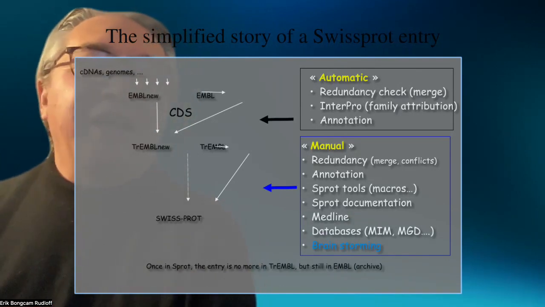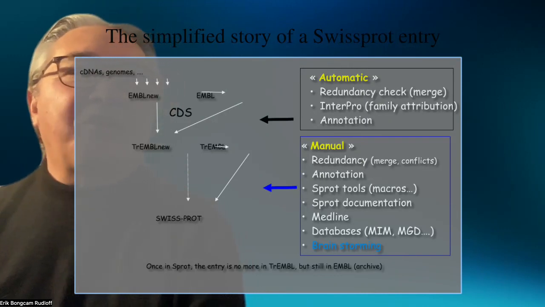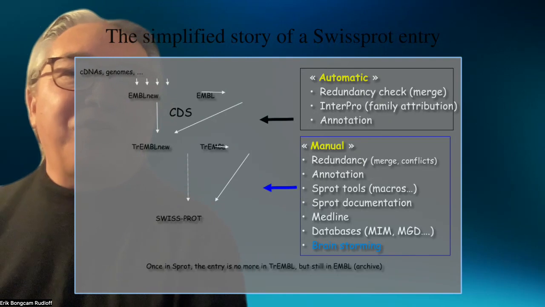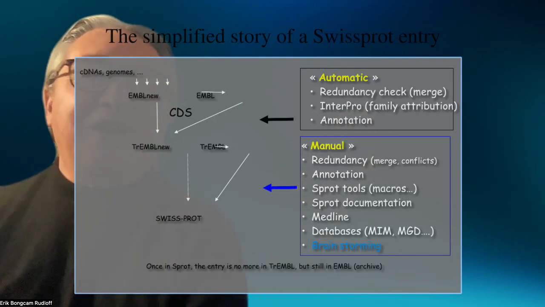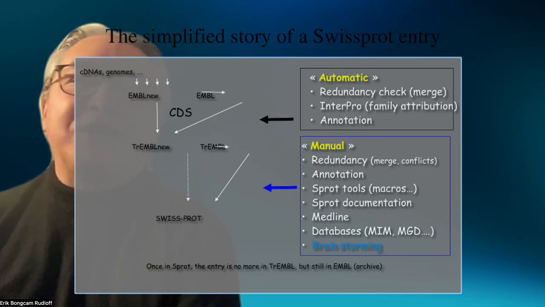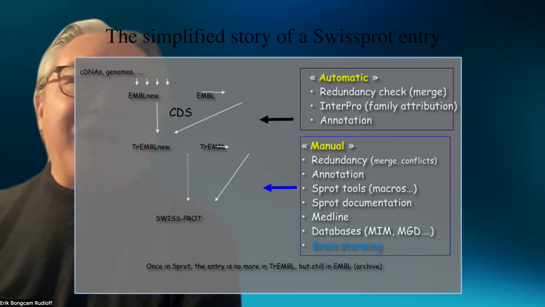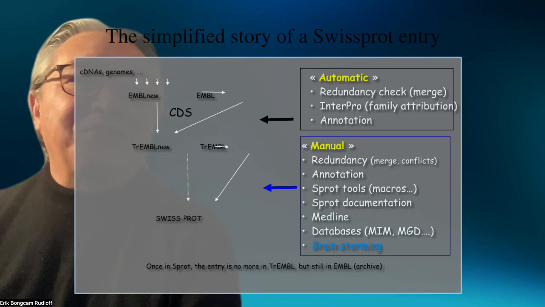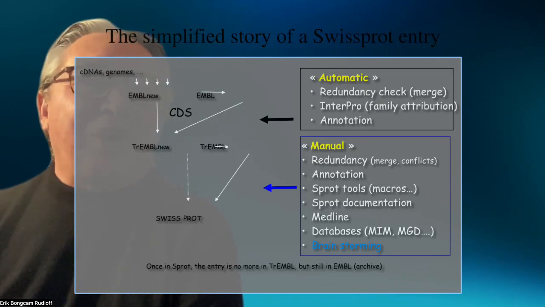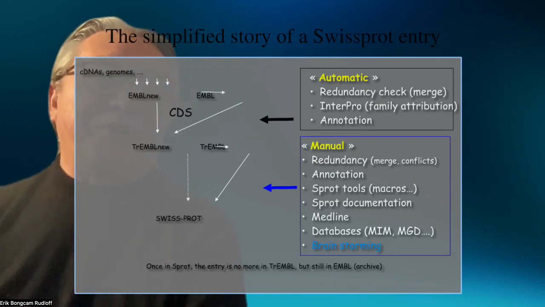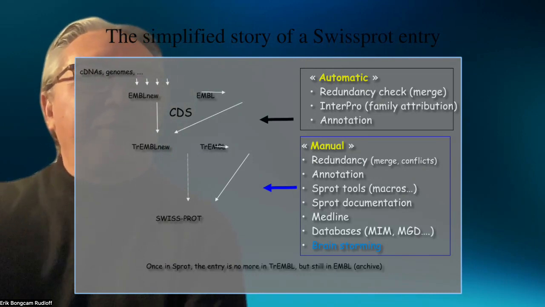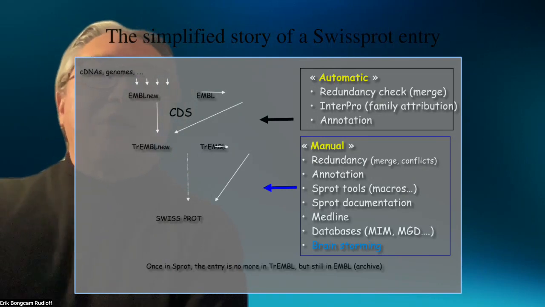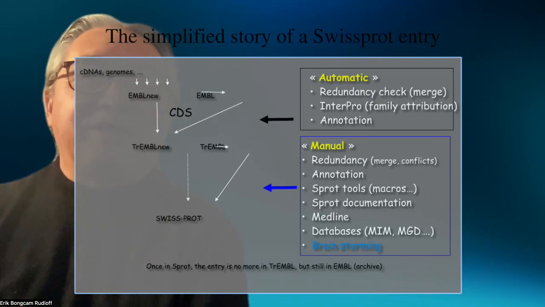Because I have had so many people almost crying because they are writing the paper and they know they found this sequence in TrEMBL and it's gone. They say, my goodness, how can I prove that I did all this? But they should really be buying cake for everyone, because the sequence was such good quality that it entered SwissProt and disappeared from TrEMBL. Because you remember, TrEMBL is machine-made, but when it's handmade, it's higher quality.